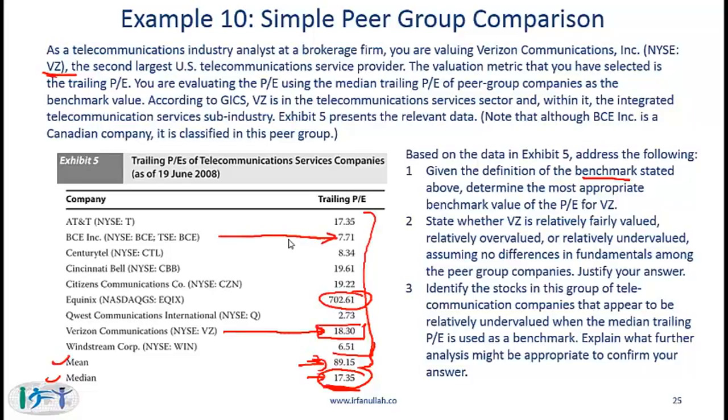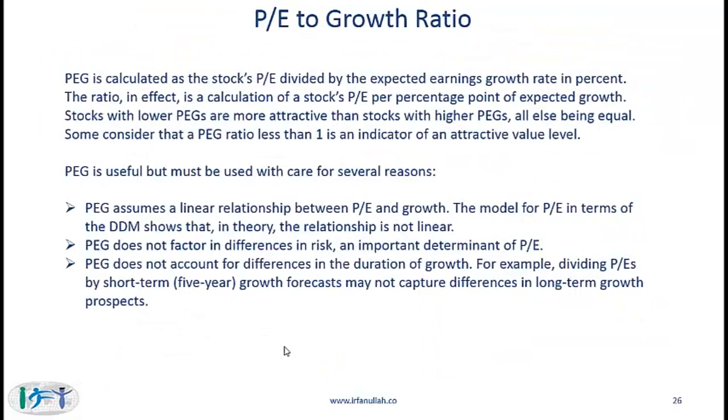Generally, low PEs mean that you are paying a low price per dollar of earnings. So assuming all else equal, this looks quite attractive. Quest also looks quite attractive. Windstream also looks attractive. So these stocks with relatively low PEs appear to be more attractive.